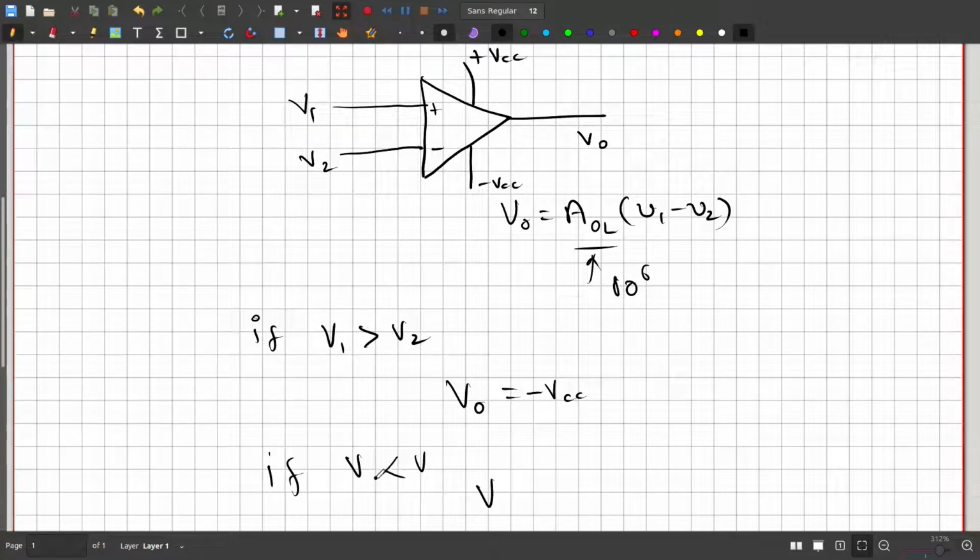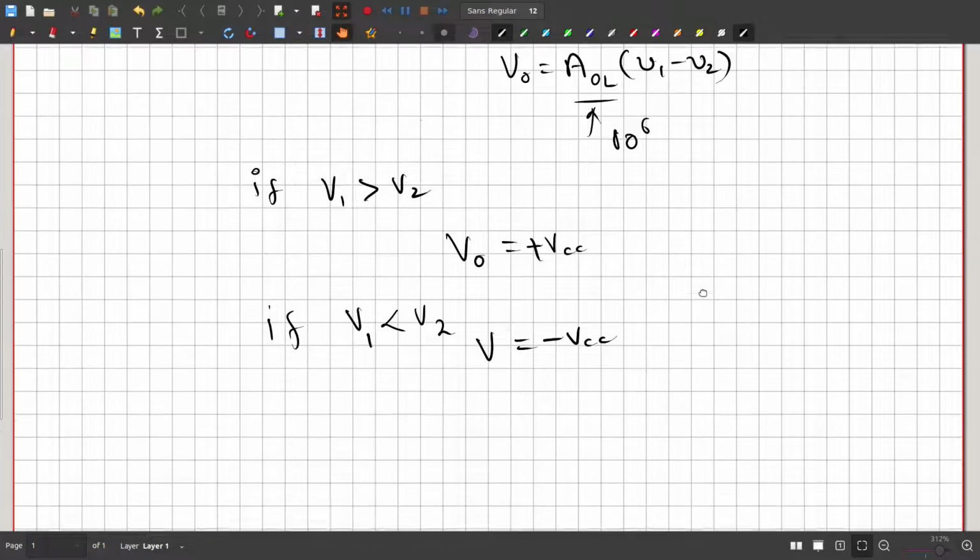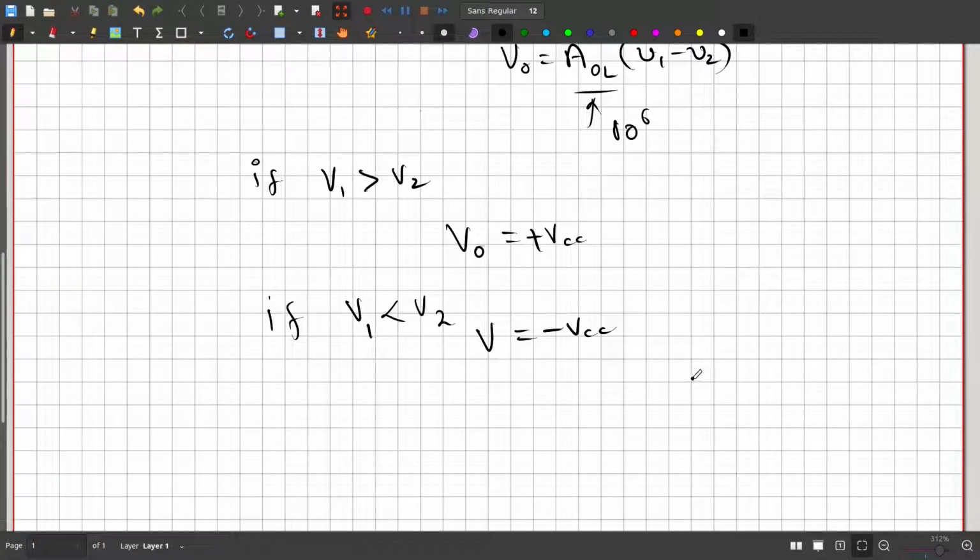If V1 is less than V2, then it saturates to minus VCC, the nearest voltage. In this way we can compare the two voltage levels. So the configuration is an open loop configuration.